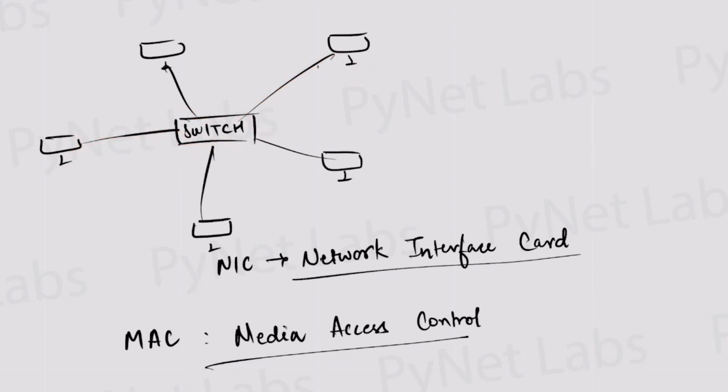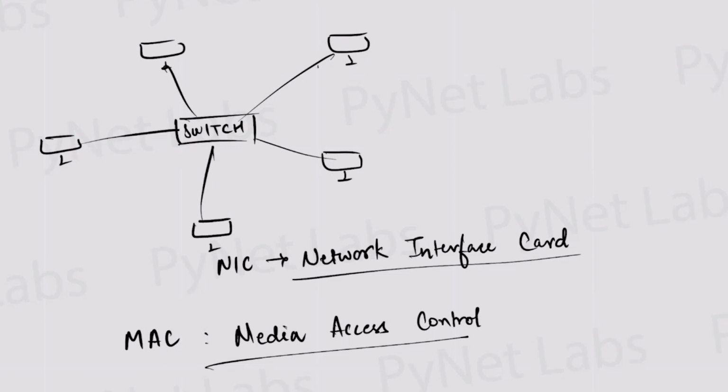Right? Secondly, a good thing about a switch is that we can create multiple broadcast domains using a switch. So it allows you some advanced features like creating VLANs. Now, VLANs is quite a networking-related concept, which right now might not be very clear to you if you are learning about networking for the first time.